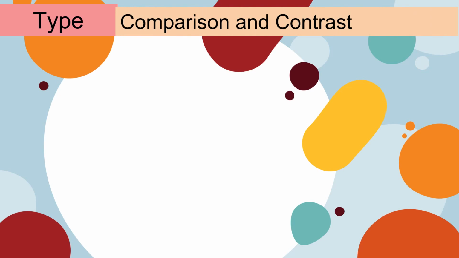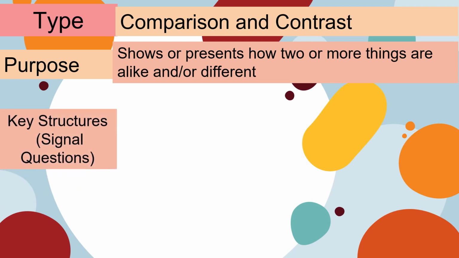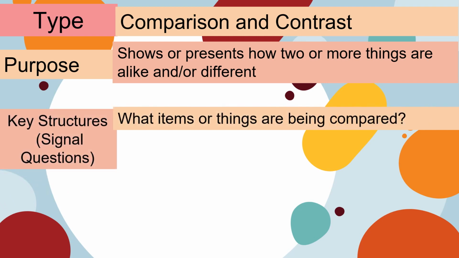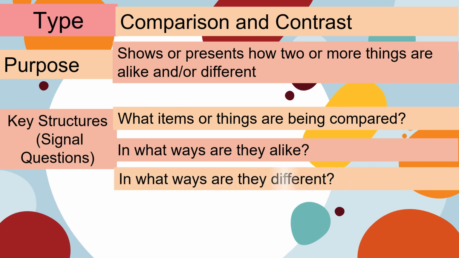And another type, the comparison and contrast. The purpose of this is to show or present how two or more things are alike and or different. Key structures or the signal questions: what items or things are being compared? In what ways are they alike?